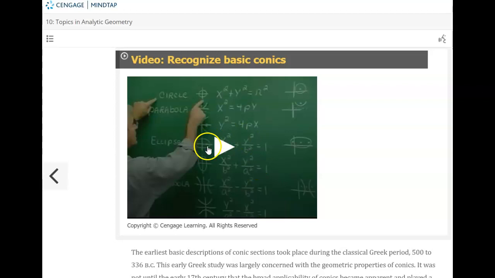The difference between an ellipse and a hyperbola equation is that you have a positive for an ellipse and a negative for a hyperbola. Another big difference to point out is that with an ellipse, you will learn how to tell just by looking at it if it will be a horizontal ellipse or a vertical ellipse, and also with the hyperbola.